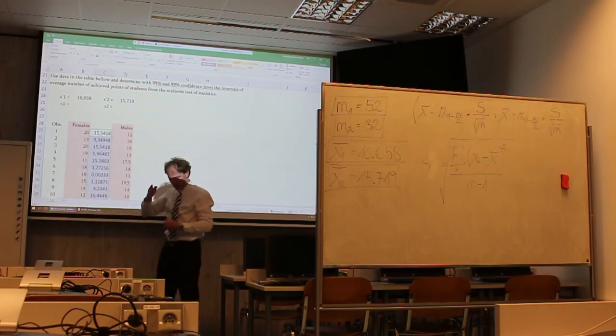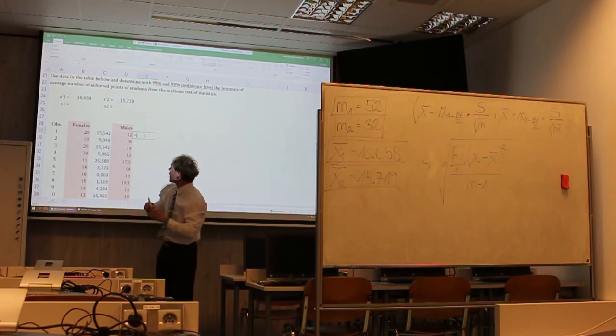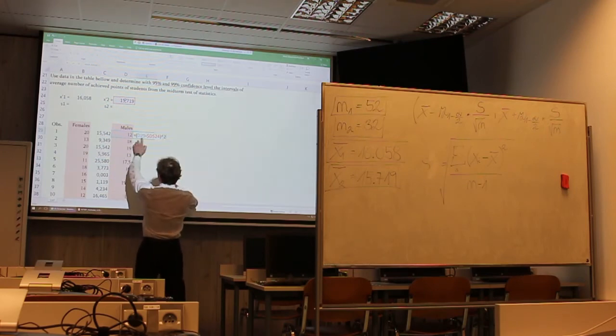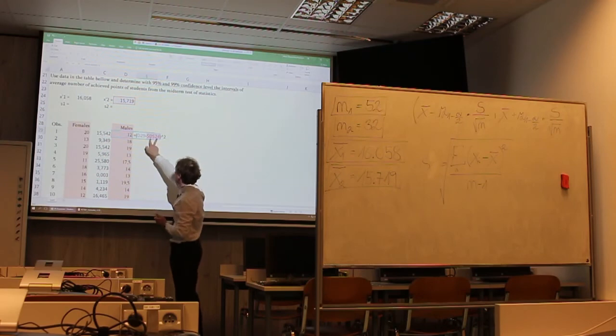You can use left Alt 94, the combination, and you will see the hat, the power function.